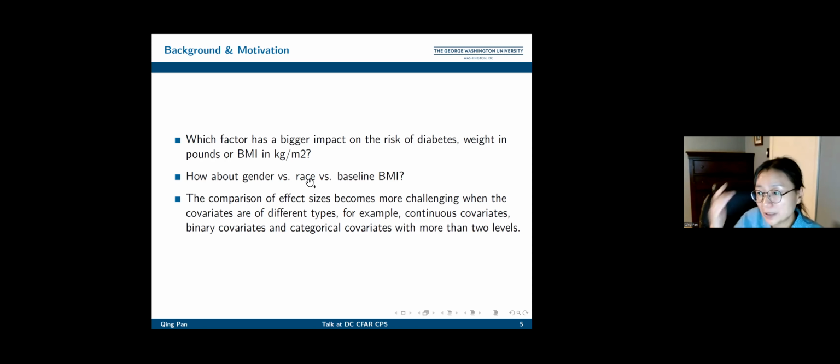Race is multi-category, or the state you live in, the type of insurance you have. So when the covariates have different functional forms, some continuous, some categorical, it needs to be defined: what is the impact? What are you actually comparing?